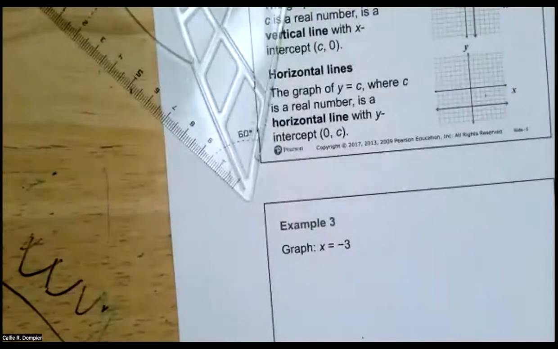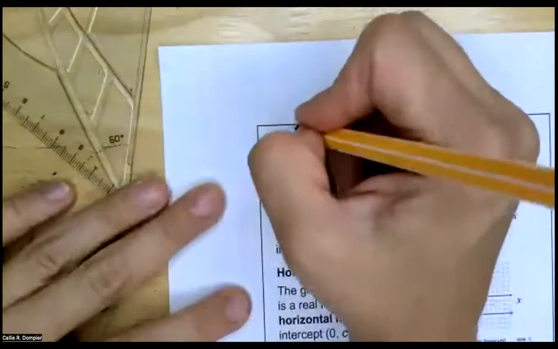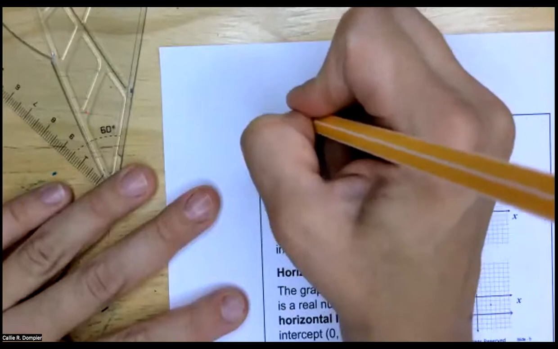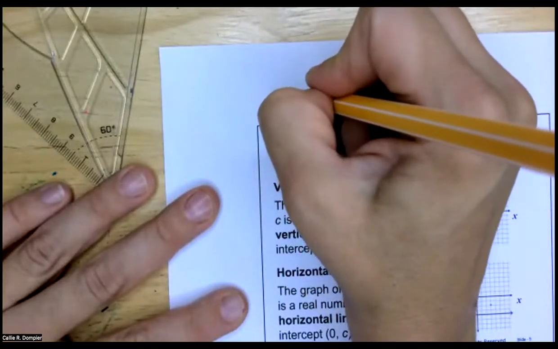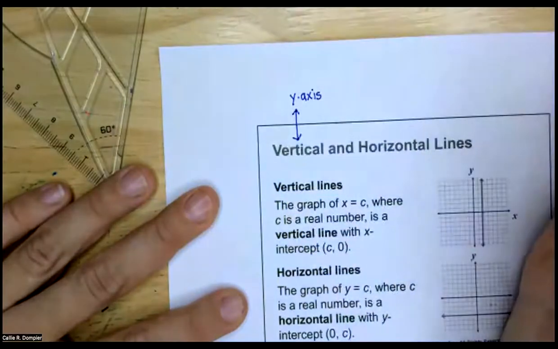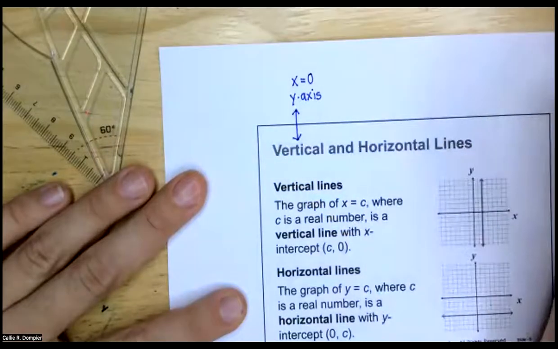All right, then we're going to talk about vertical and horizontal lines. Remember, the vertical line is your y-axis. Confusingly, the y-axis is when x is equal to 0, right? That's what we learned today.